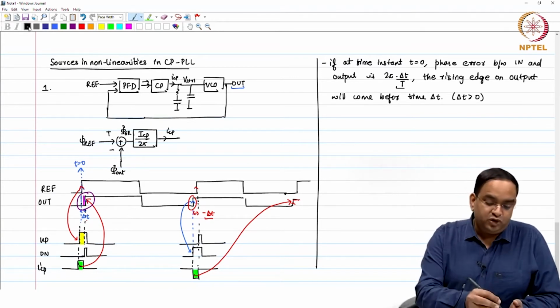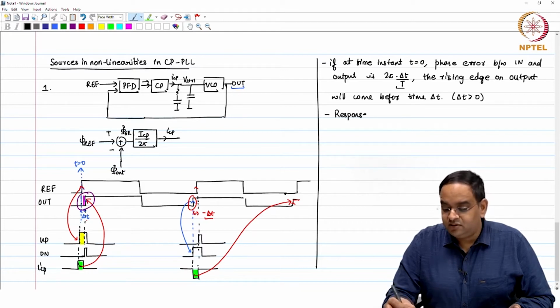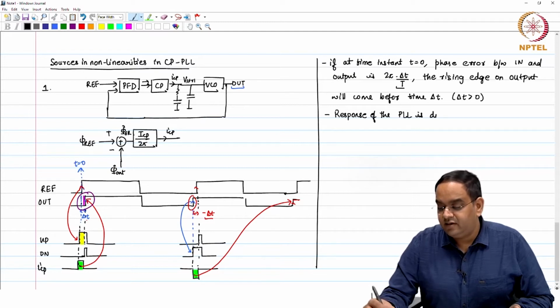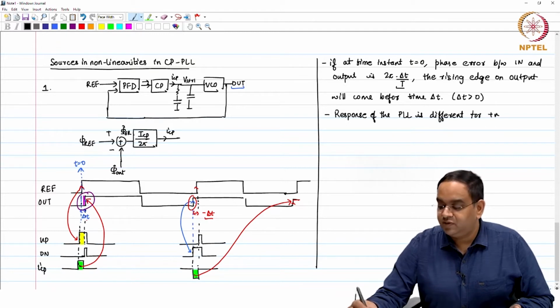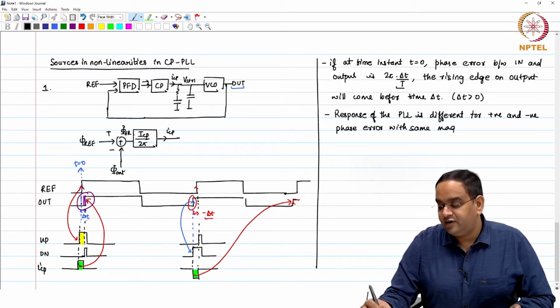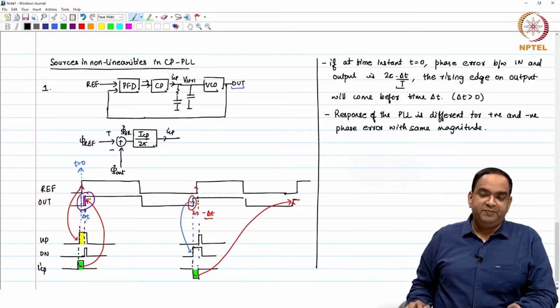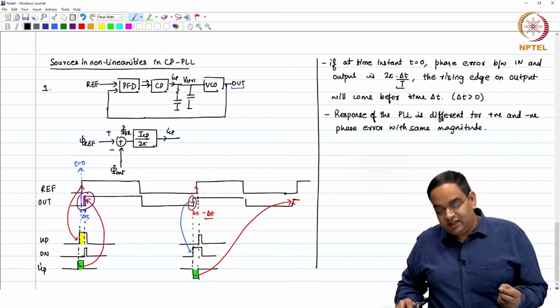Okay. So, the response of the PLL is different for positive and negative phase error with the same magnitude. If you have positive delta t, it responds differently as compared to the negative phase error. Okay. Well, this is nonlinearity.